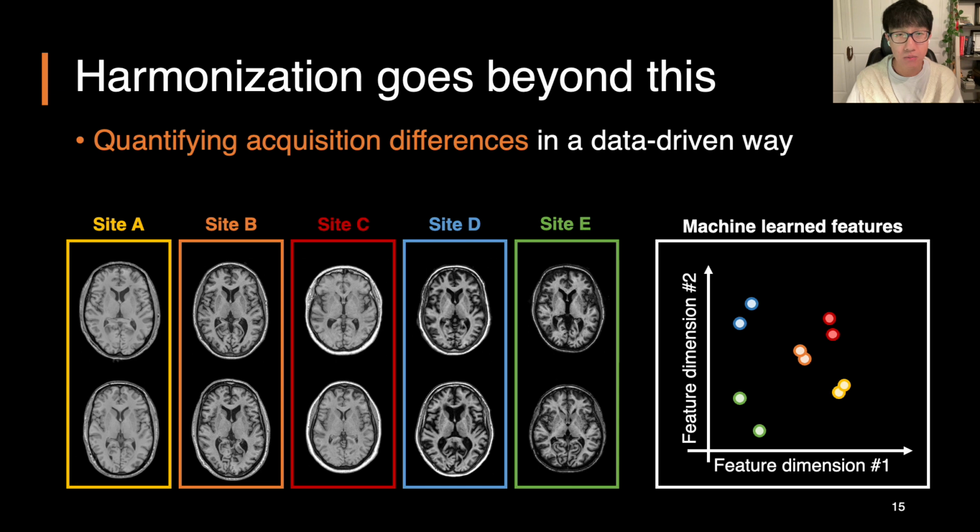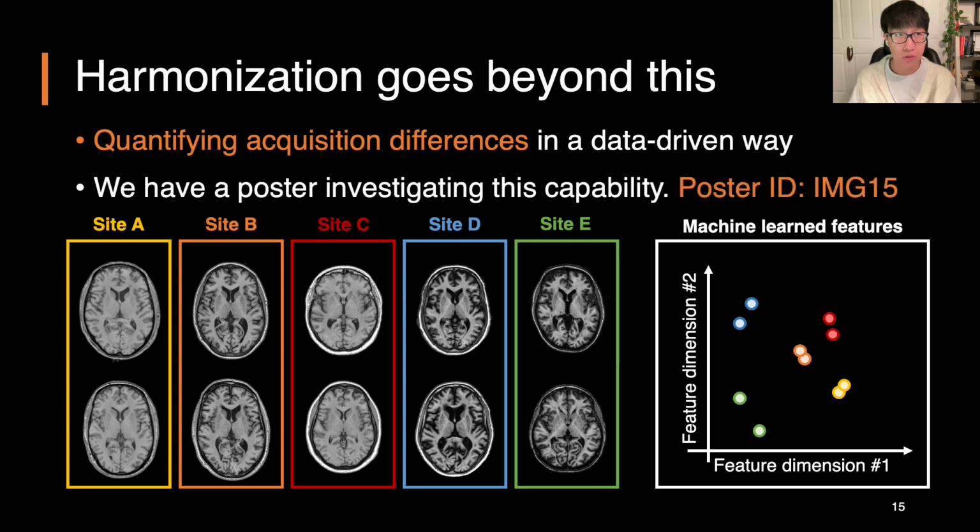We see that images acquired from the same site cluster together, and images acquired from different sites are separated in this feature space. We found it very interesting to be able to quantify these acquisition differences. And we also have a CMSC poster that specifically investigates this capability.